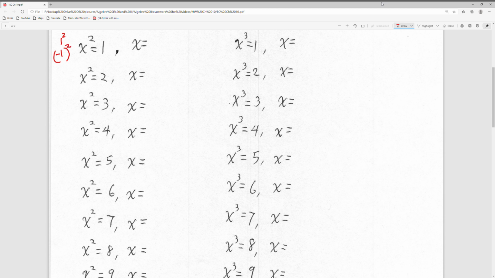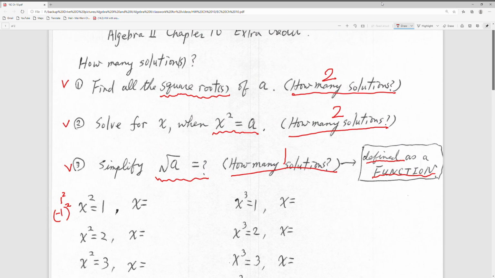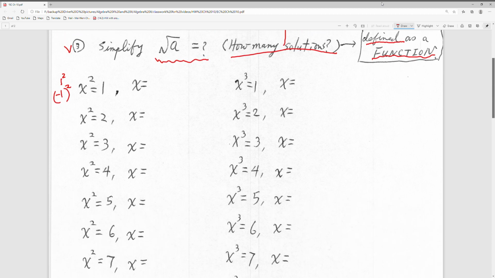So by the concept, these need to have two solutions, positive and negative. But because you don't know what A is, you don't know the answer.